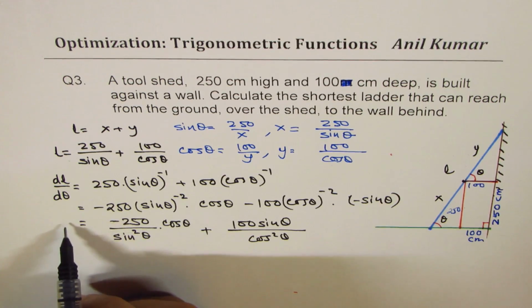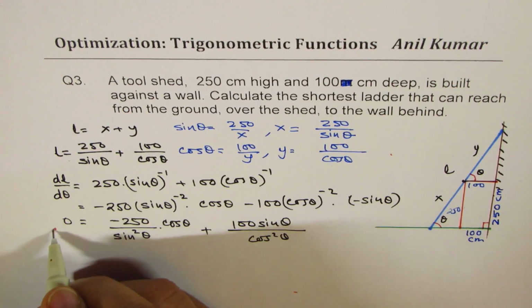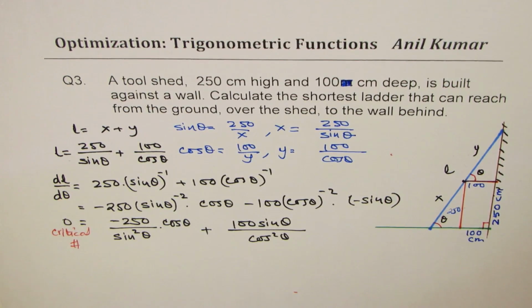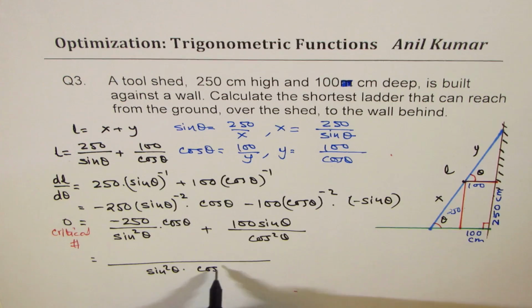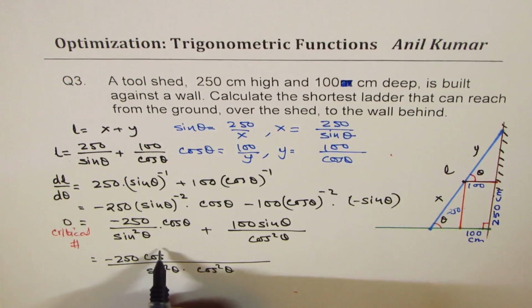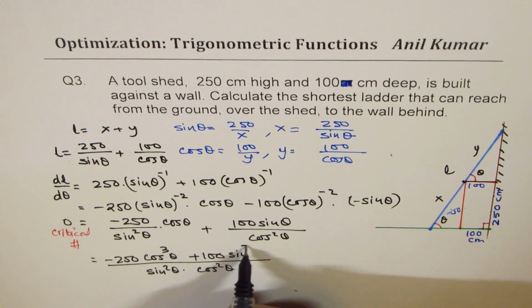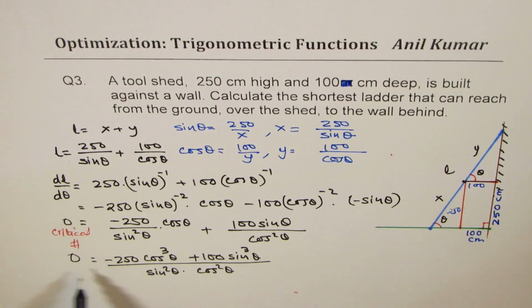So dL/dtheta is this, and we want to equate it to 0 for the critical number. So let me take the common denominator as sine square theta times cos square theta. We get minus 250 cos cube theta plus 100 sine cube theta. Since that is to be 0, the numerator should be 0. Perfect.